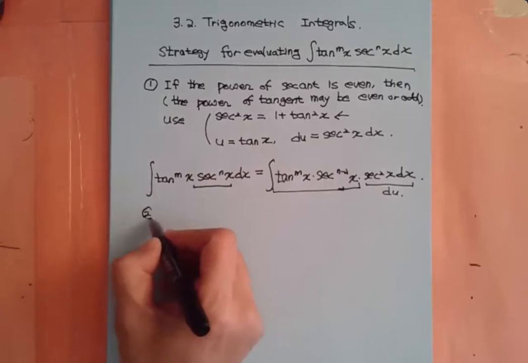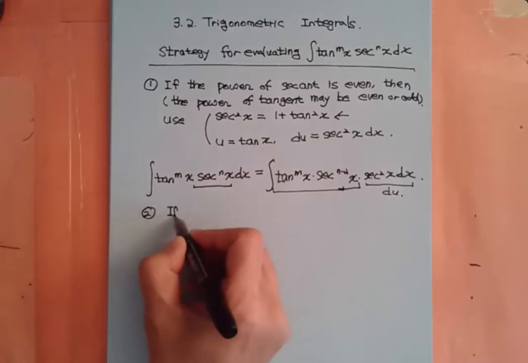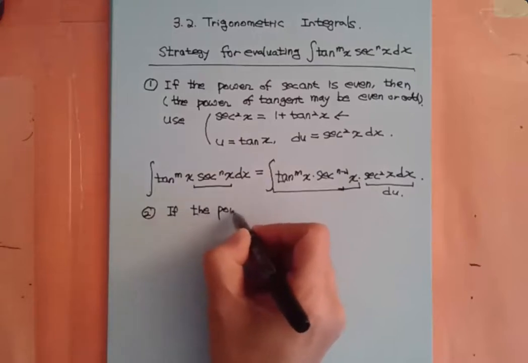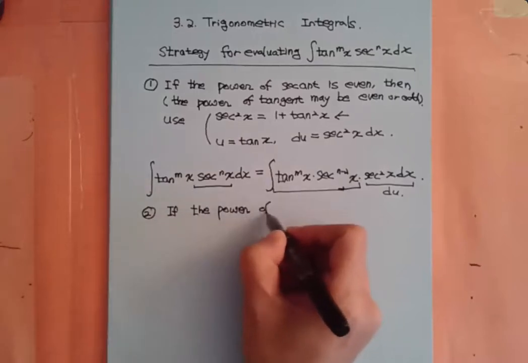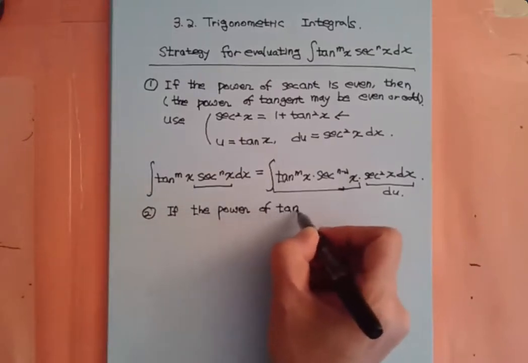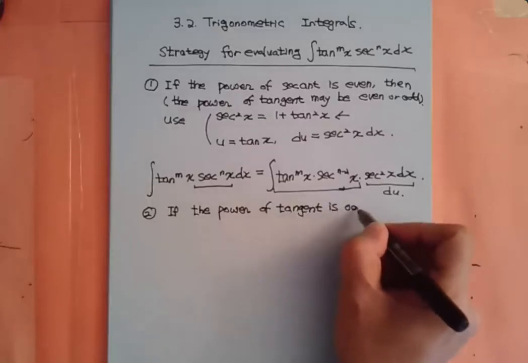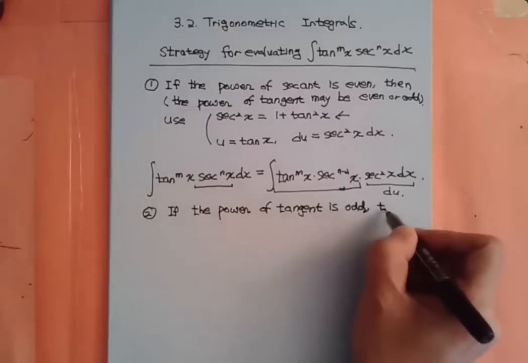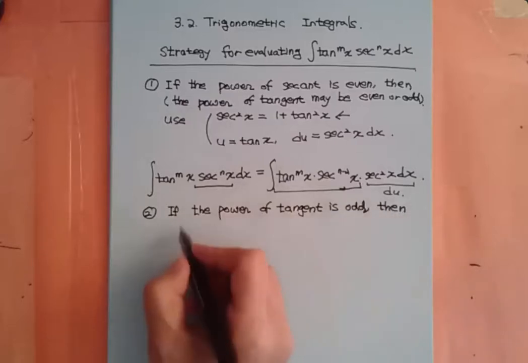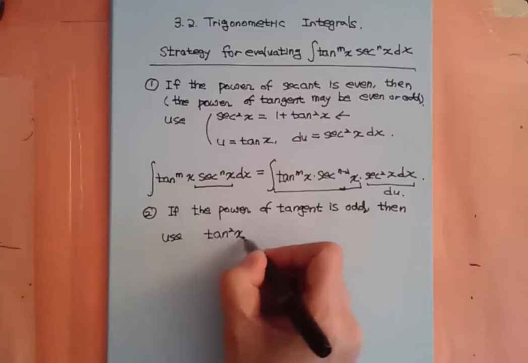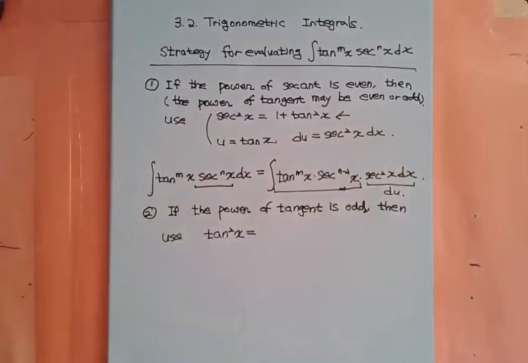The second pattern is if the power of tangent is odd, then we will use tangent squared of x, the same formula, but we will solve for tangent squared.